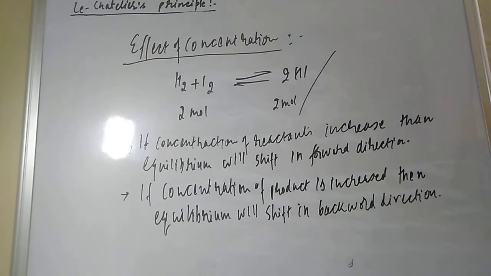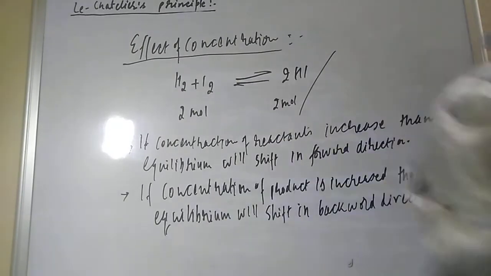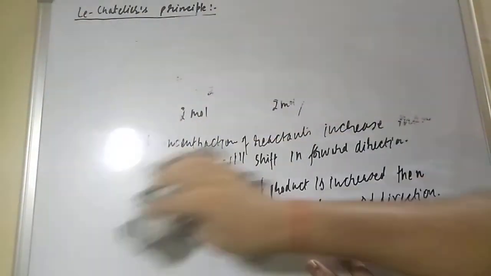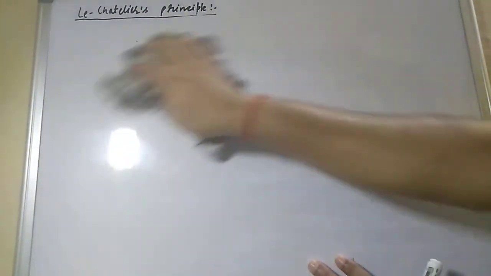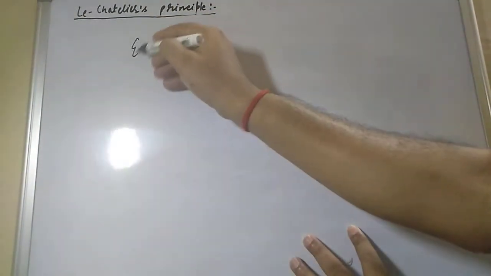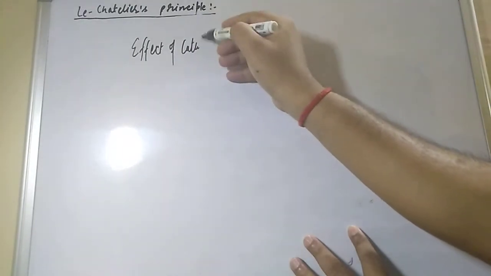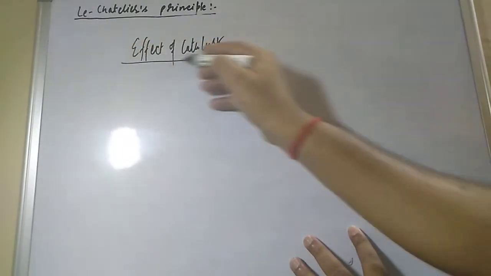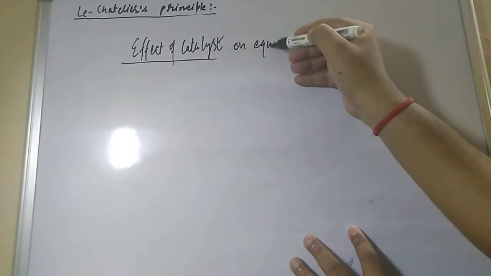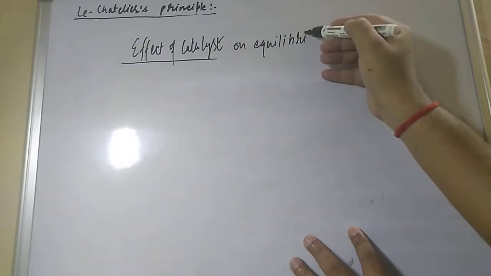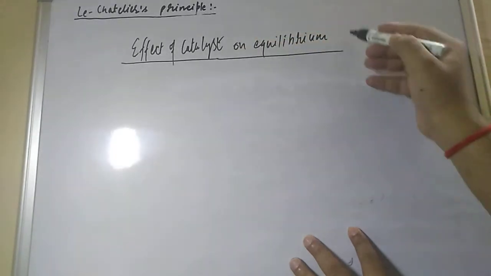Now, student, what next factor can you study? The effect of catalyst. Let us see what the effect of catalyst on equilibrium is. So dear student, what does a catalyst do?